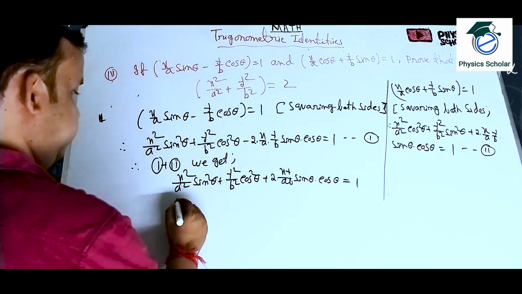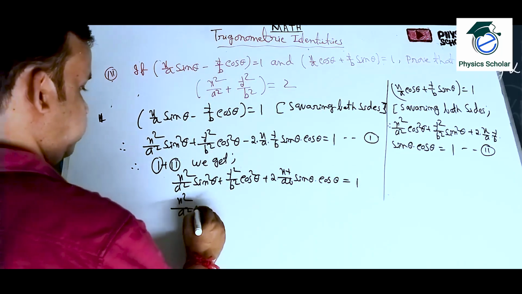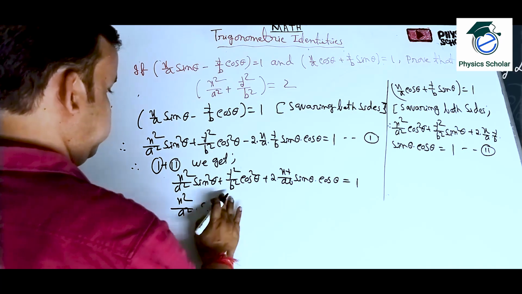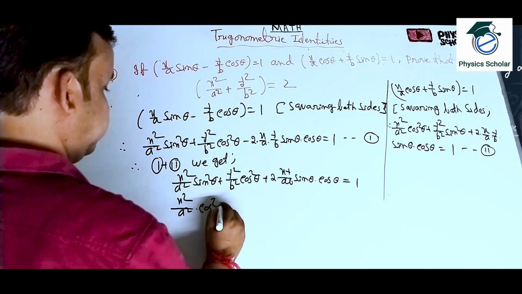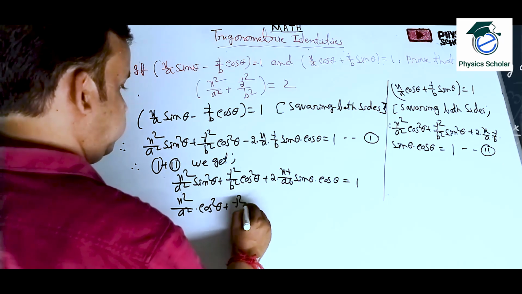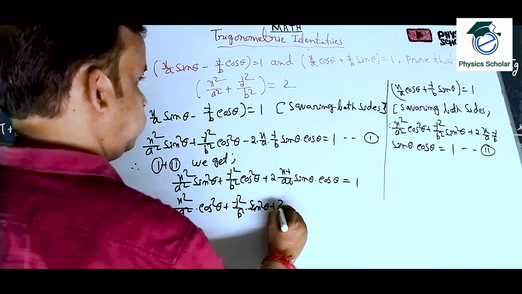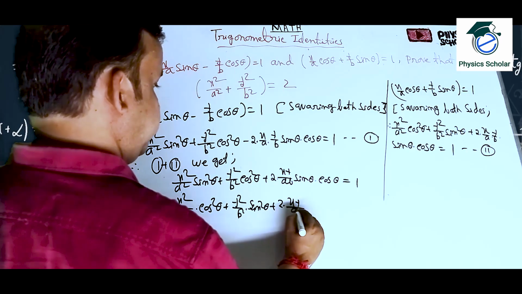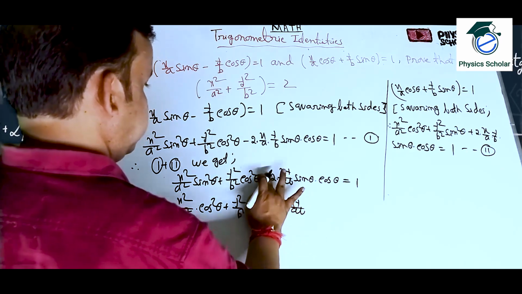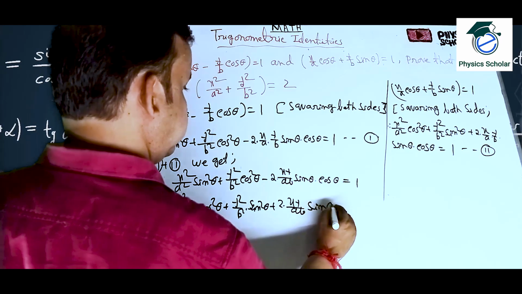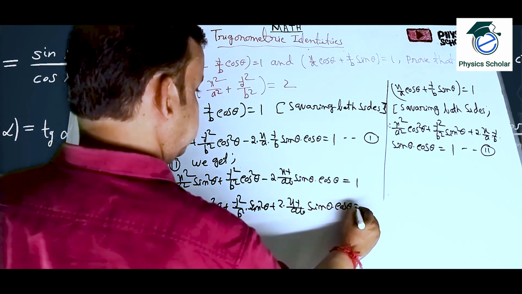1, and here it is x square by a square into sin square theta, it is cos square theta, okay, plus y square by b square into sin square theta plus 2 into xy by ab, it is minus, okay, sin theta into cos theta is equal to 1.